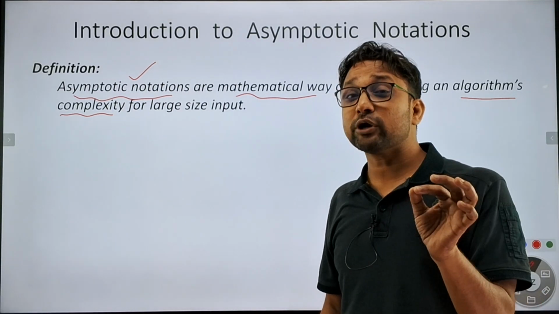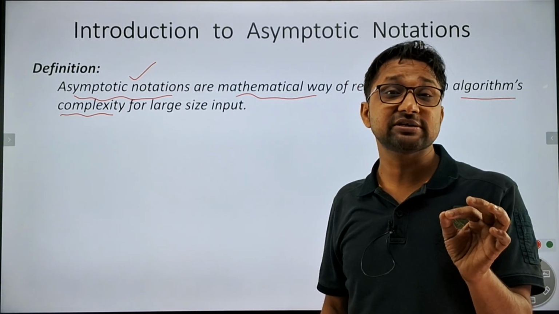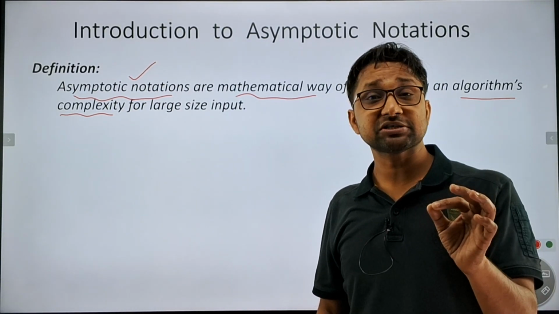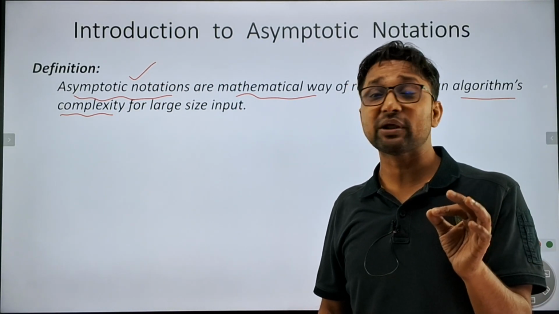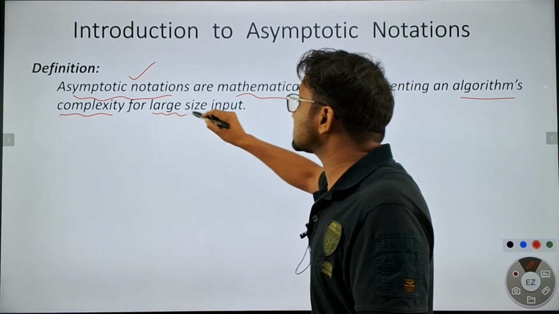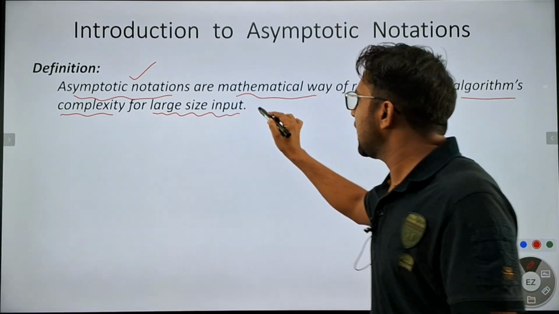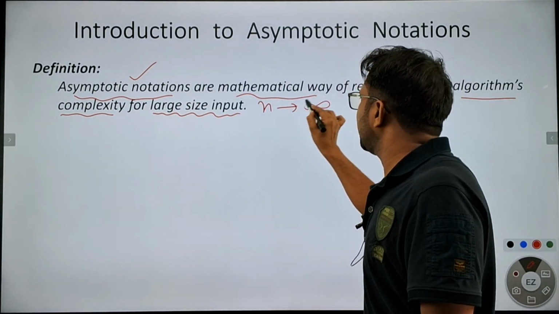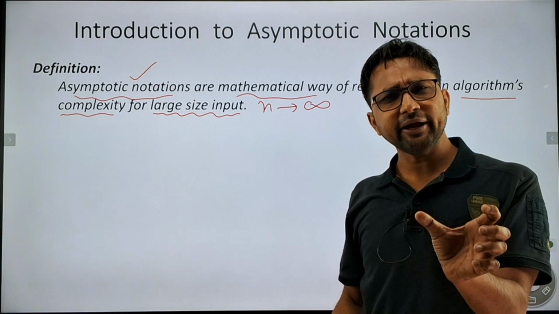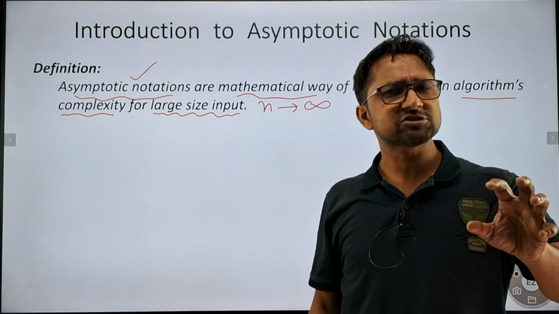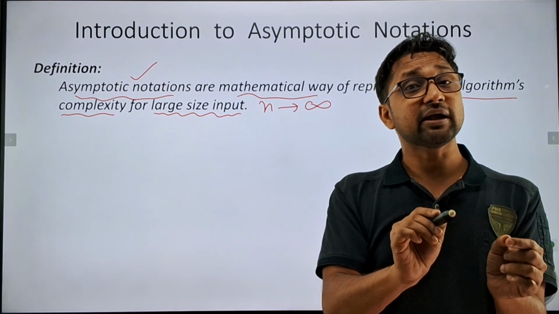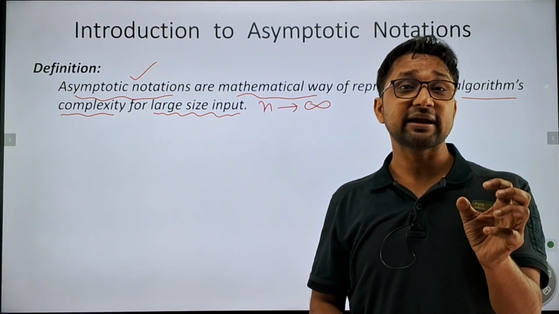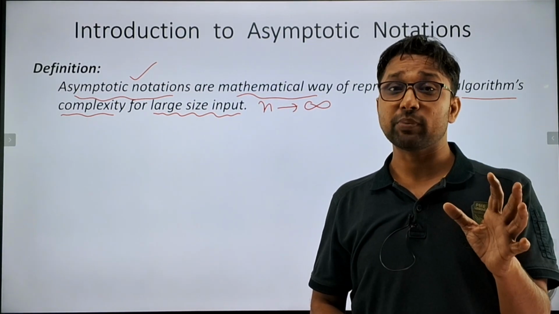Another important point is that asymptotic notations always represent the complexity in terms of large size input. How large? N tends to infinity. For smaller inputs, we do not consider how much time the algorithm is taking. For larger input, how much time it takes is considered as the time complexity or space complexity.